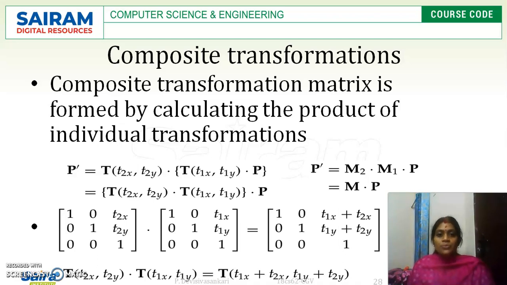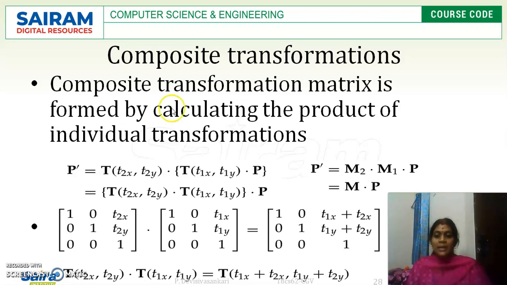So composite transformation means that, one way or another, we add more transformations together, right? For example, see how we write the matrix by calculating the product of individual transformations.